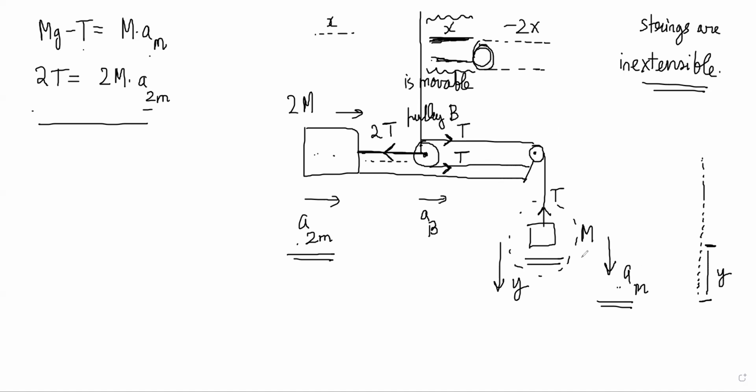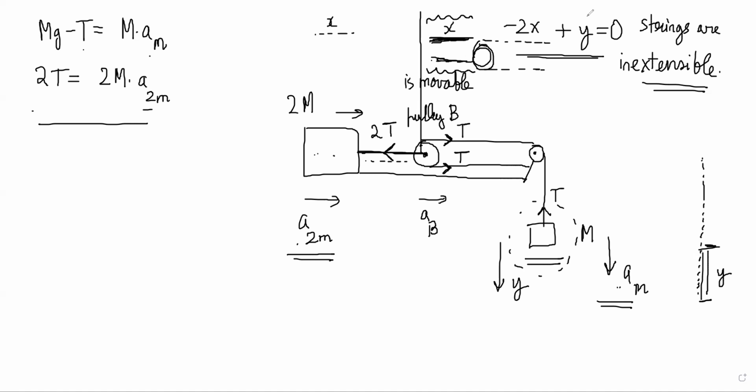And in the bottom portion, on the right side, there is an increase of plus y. So minus 2x plus y should add up to 0, right? The total change in length cannot happen. This is the increase in length, and this is the decrease in length, not of the pulley, of the string.